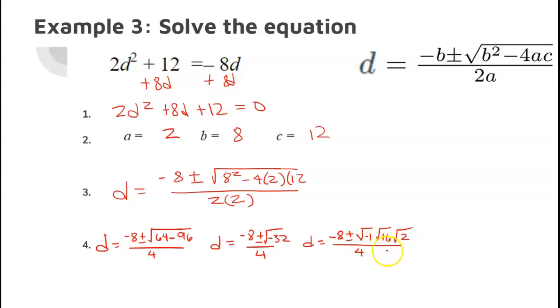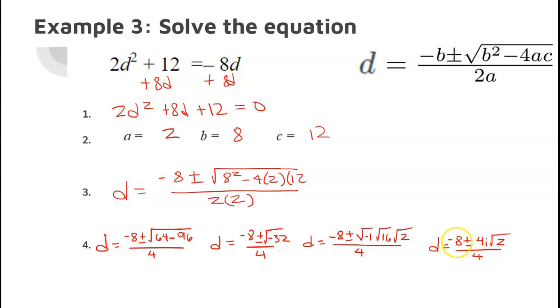The square root of negative 1 is i. The square root of 16 is 4. So we can have d is equal to negative 8 plus or minus 4i times the square root of 2 over 4.